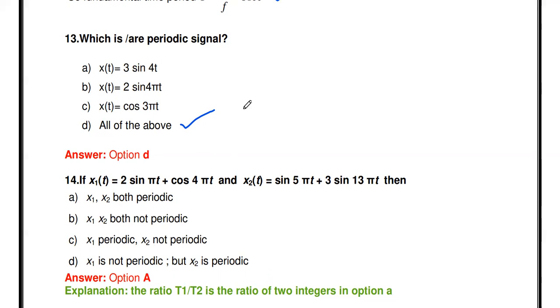But in discrete signals, a single sine or cosine wave may be periodic or non-periodic. So in order to find out whether a single discrete time sequence is periodic or non-periodic, we have to find the value of f naught.